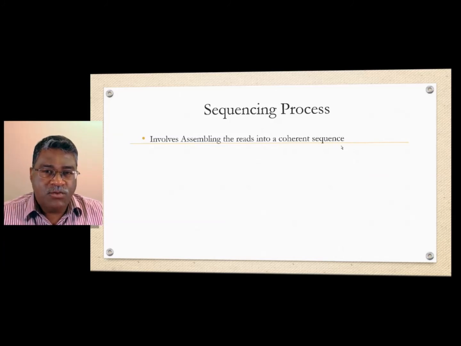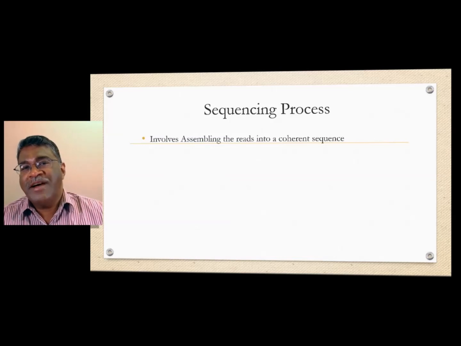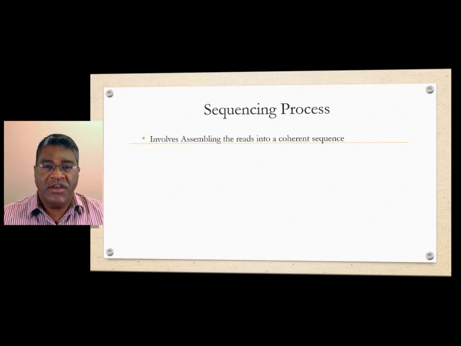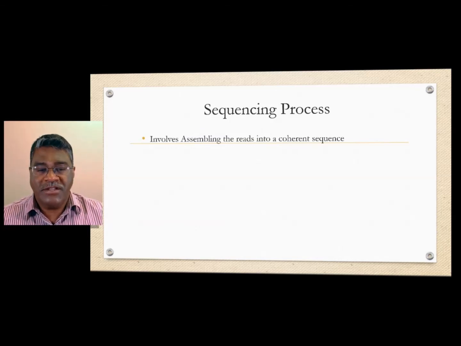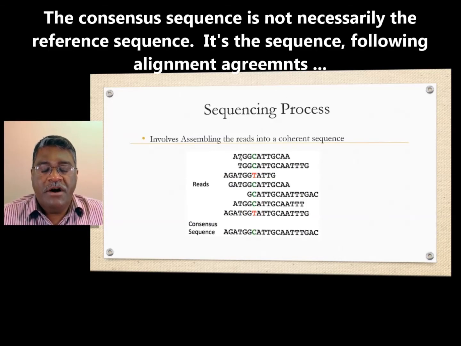Now that is why I started by saying next generation sequencing at this point in time is synonymous with bioinformatics, which means most of the bioinformatics efforts, and we also discussed how bioinformatics evolves, most of the bioinformatics efforts actually go into putting these reads together into a sequence, so you begin to get a sense of what the genome is like.